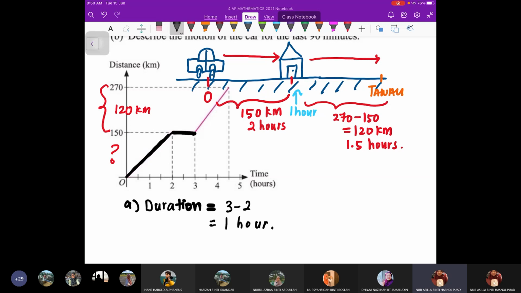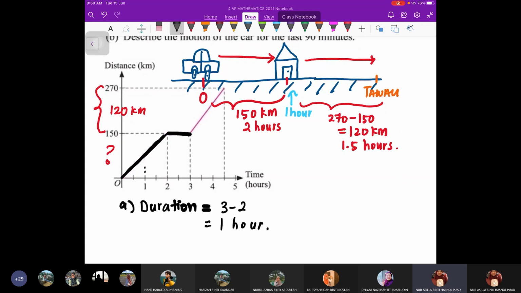Apa-apa point on the same line. So contoh tadi saya nak daripada 1 kan. So actually I wanted this point. Tapi I cannot get it sebab I don't have the value of distance. Jadi I can take other points yang ada value di atas garisan.